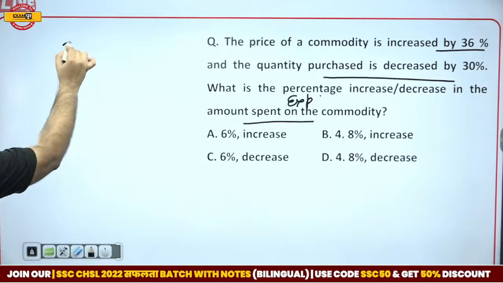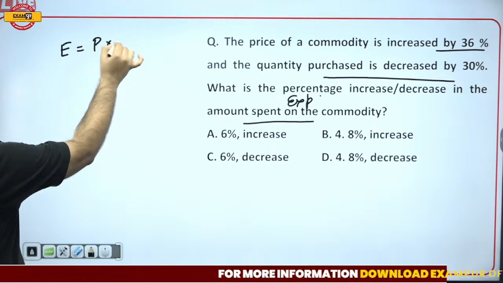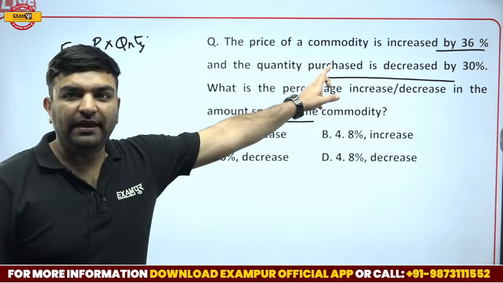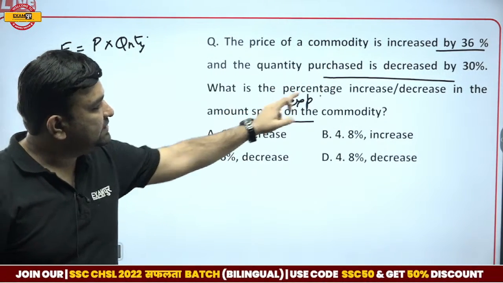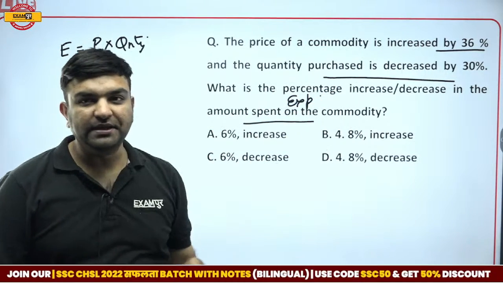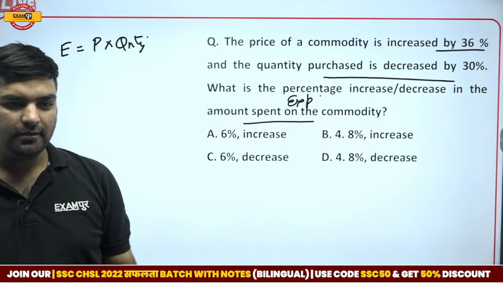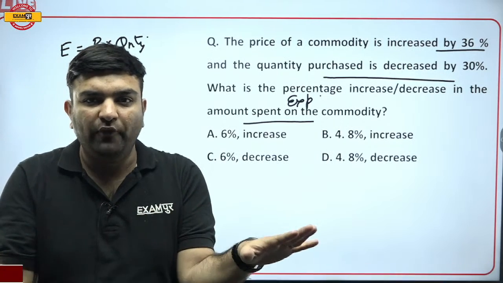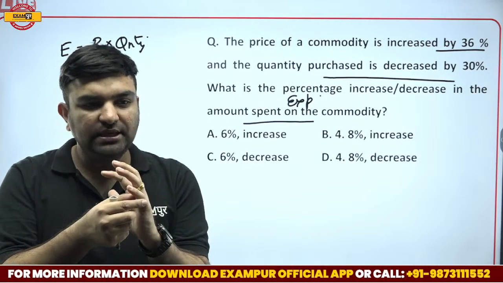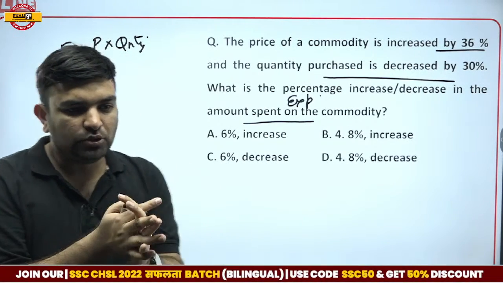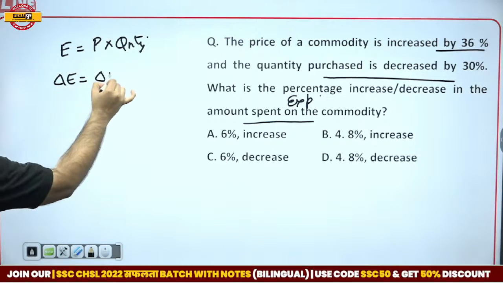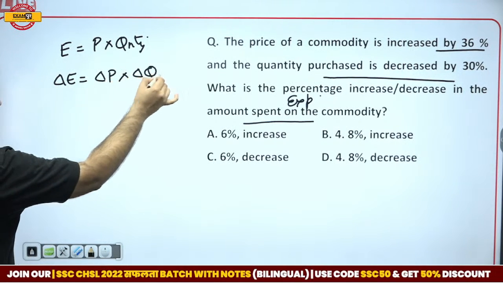So expenditure is price into quantity. Change in price given, change in quantity given, and change in expenditure asked. So nothing is constant over here. Price is changing, quantity is changing, so expenditure will also change.